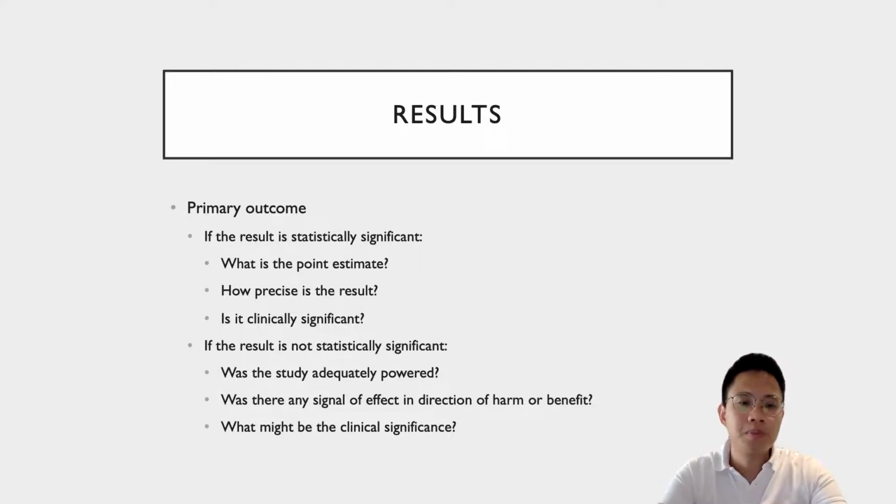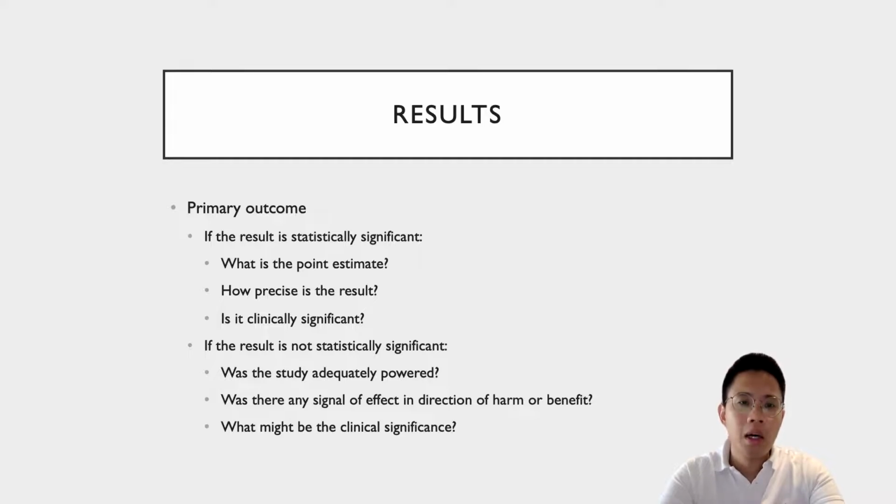If a certain study was not statistically significant, particularly in the context of a randomized control trial, one also has to be cautious not to immediately discard the study and think that it is negative and that there is no value to it. We also have to look at other factors like whether or not the study is adequately powered.